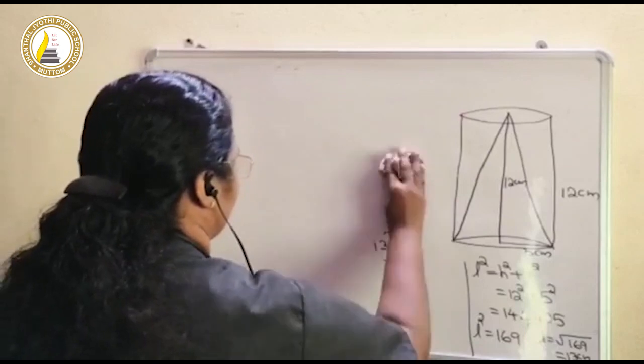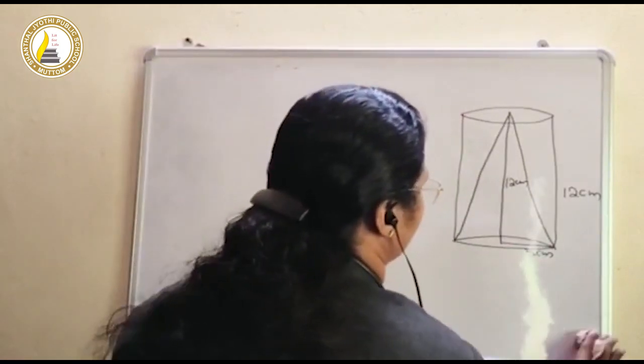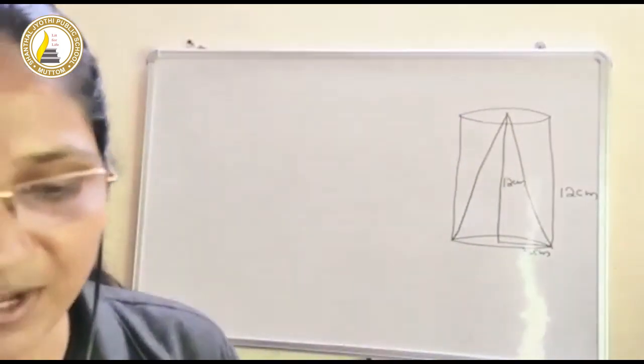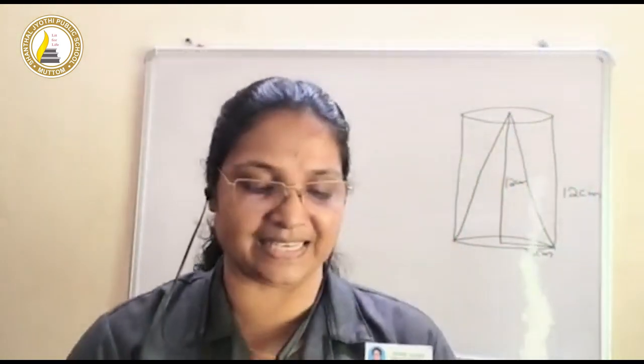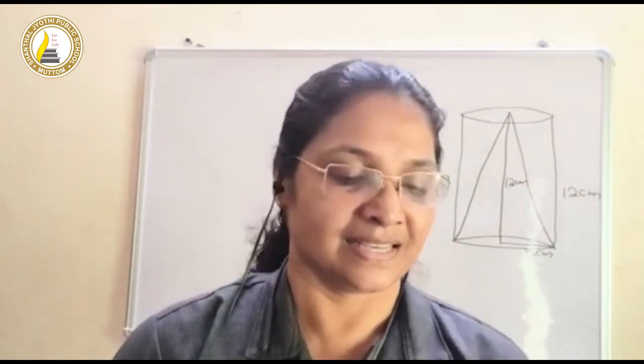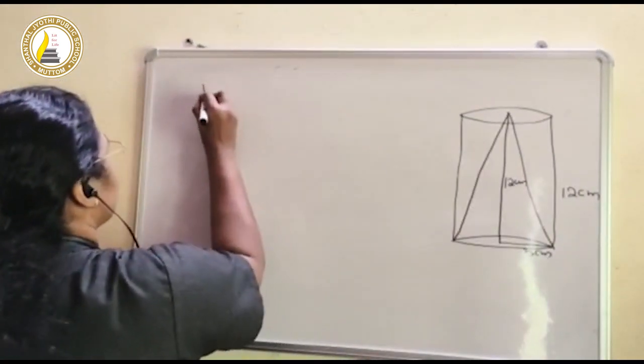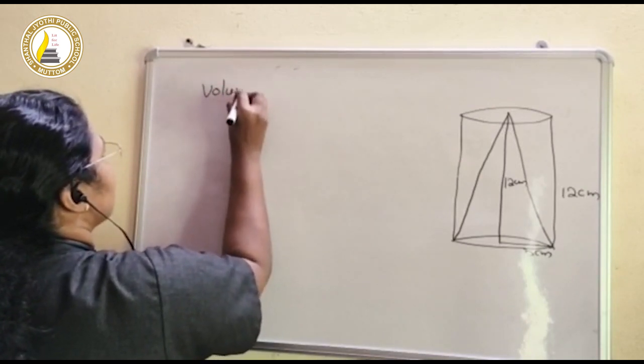Volume of the remaining solid we can calculate by using subtraction. Volume is easy, somewhat easier.